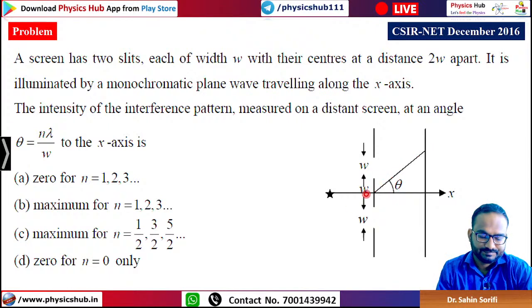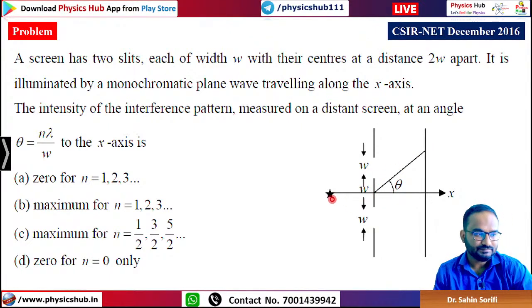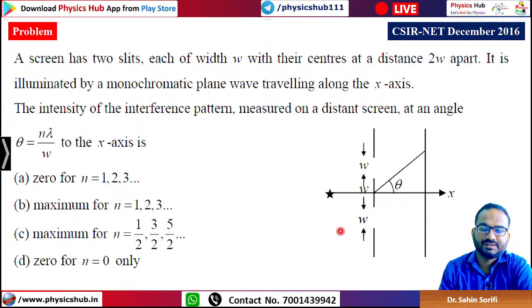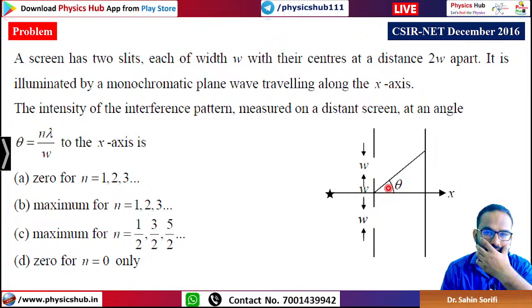Can you do this? Simple problem. If you have the concept, you can do it. If this angle is theta, if one ray goes from here, another ray goes from here, what is the path difference?